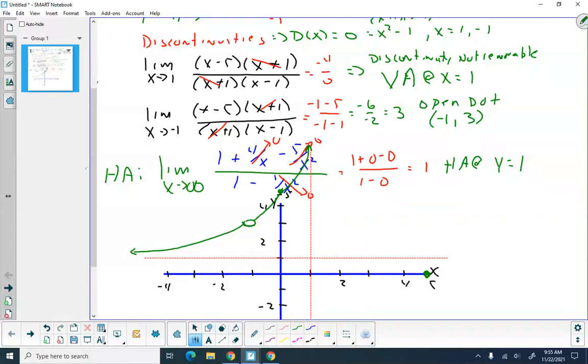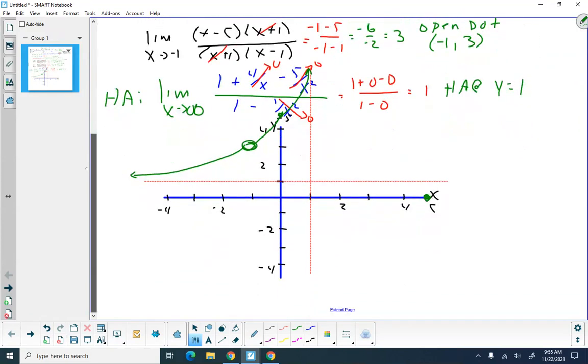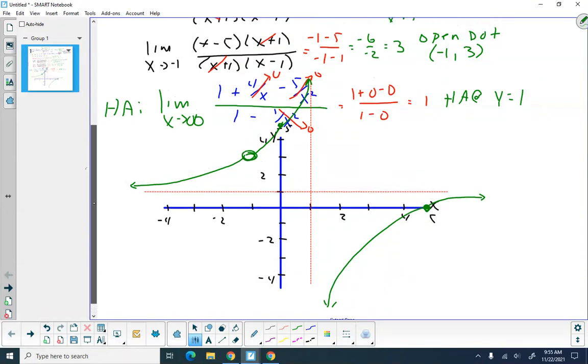And we'll get this open dot here at the value of -1, 3. If I take a look at the bottom, I have to go through this x-intercept here, and flatten out along this horizontal asymptote. As I approach this asymptote, I will go towards negative infinity.